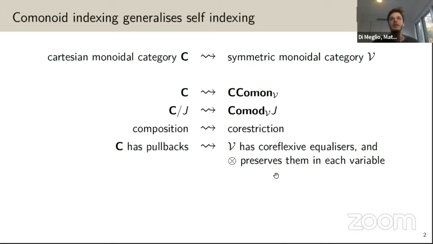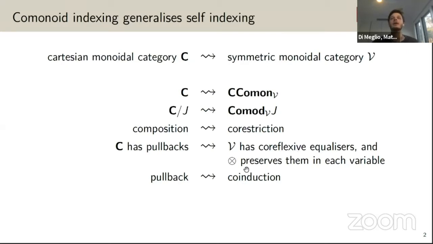And then under these assumptions, in the Cartesian case, our re-indexing functors are given by pullbacks along morphisms in C. And the appropriate generalization in the monoidal case is this notion of co-induction, which, as I said, can be formed using the co-reflexive equalizers in V and the tensor product.